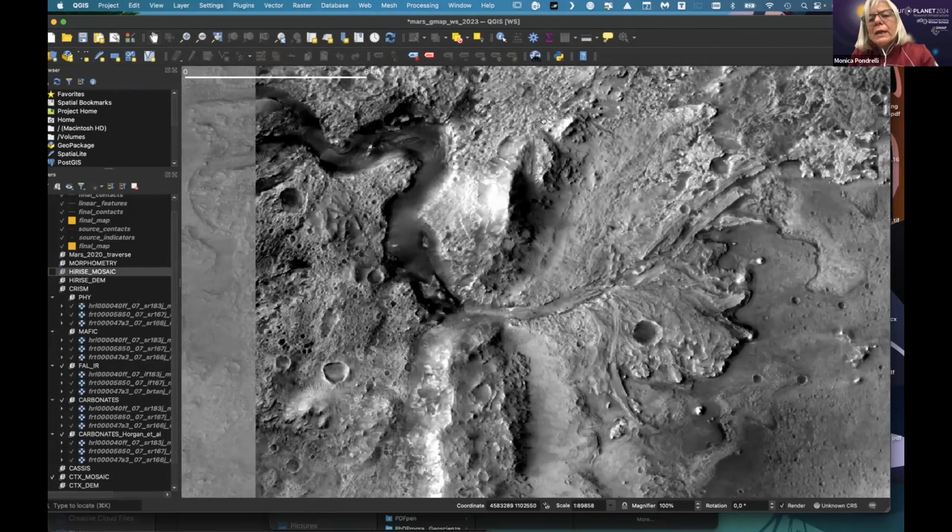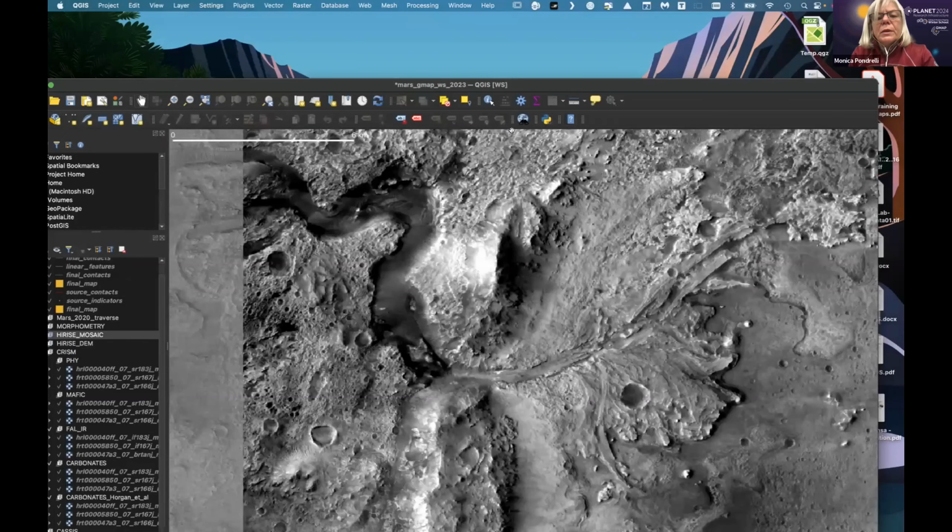One thing that you can also use during the mapping: sometimes you can have doubts about the geometry. Of course, you have the DEM, but you can also create quick profiles.